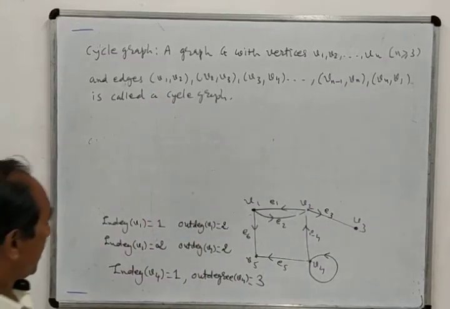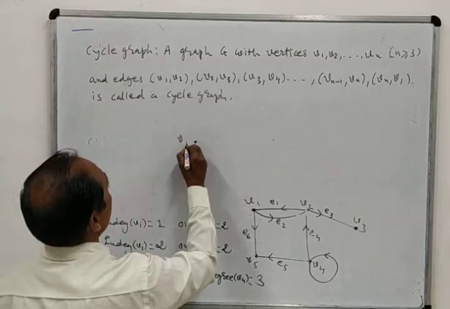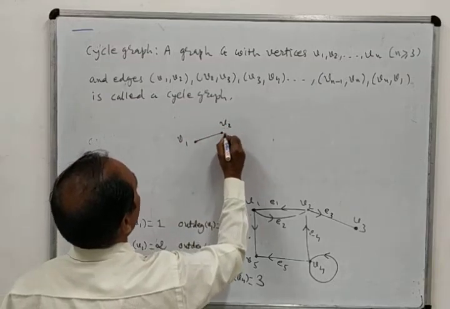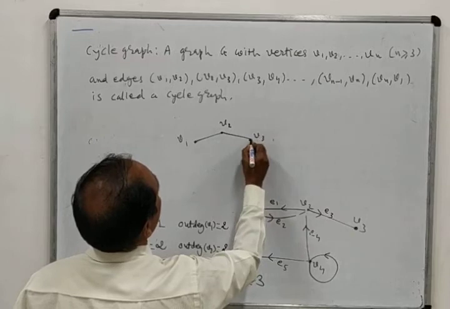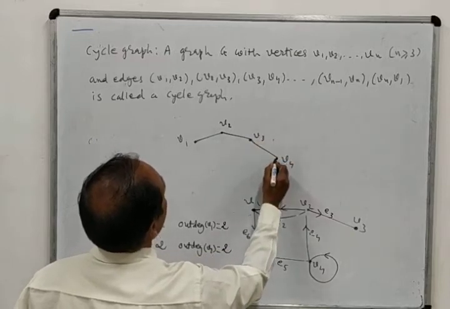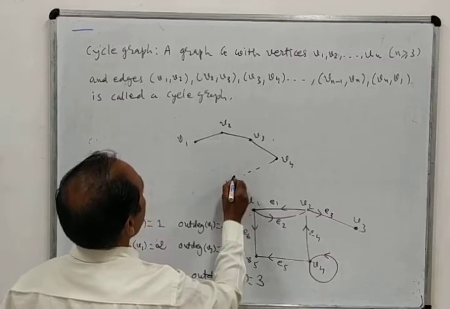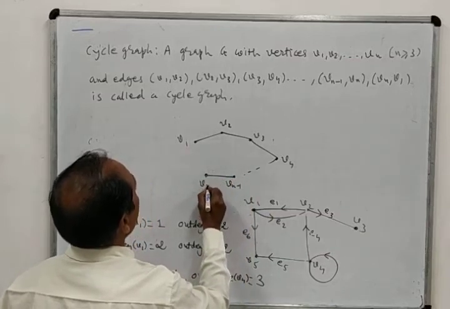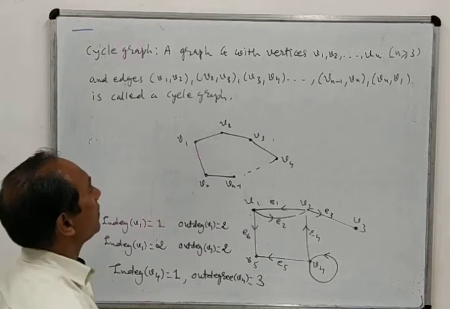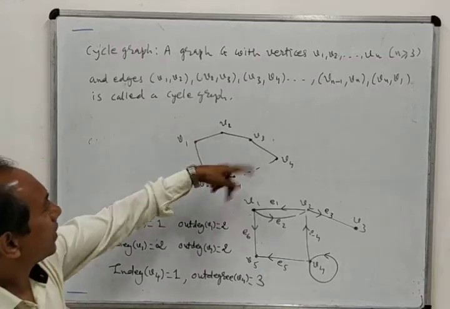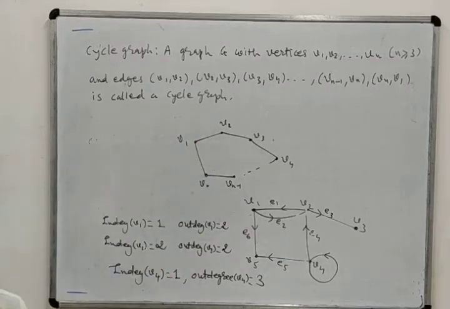Going in this way, it is connected to Vn minus 1, then Vn, and Vn is again connected to V1. So you can see that this forms just like a cycle. So we are calling this a cycle graph.